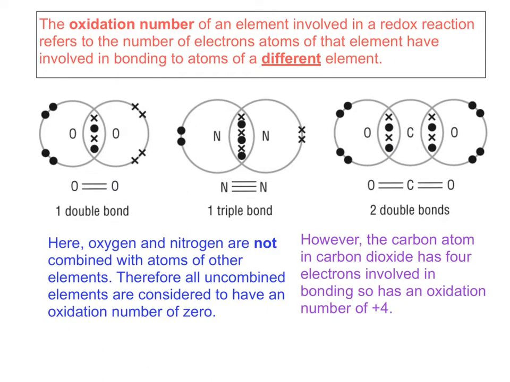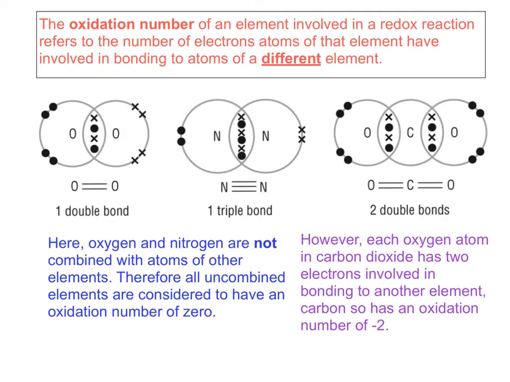The carbon atom in carbon dioxide, by contrast, has 4 electrons involved in bonding to oxygen. And because the oxygen is another element, the carbon has an oxidation number of +4. And each oxygen atom in carbon dioxide has 2 electrons involved in bonding to another element, in this case carbon.